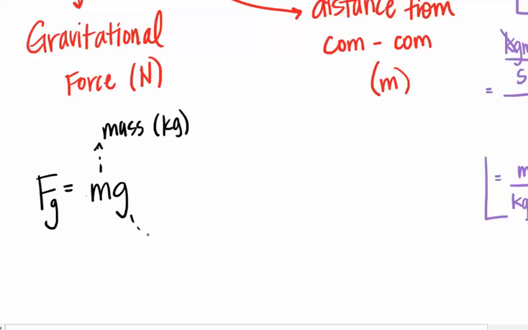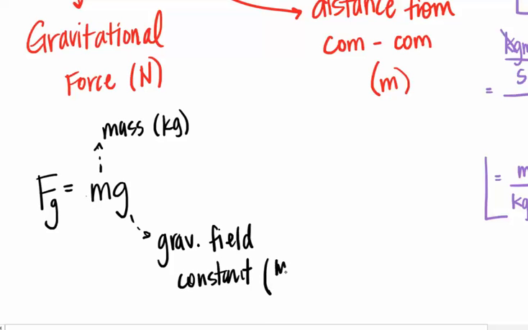And this is the gravitational field constant for that planet, and it would be in meters per second squared. You could also say that it's in newtons per kilogram. I like newtons per kilogram when I'm thinking of it in terms of it creating a force and that sort of thing.